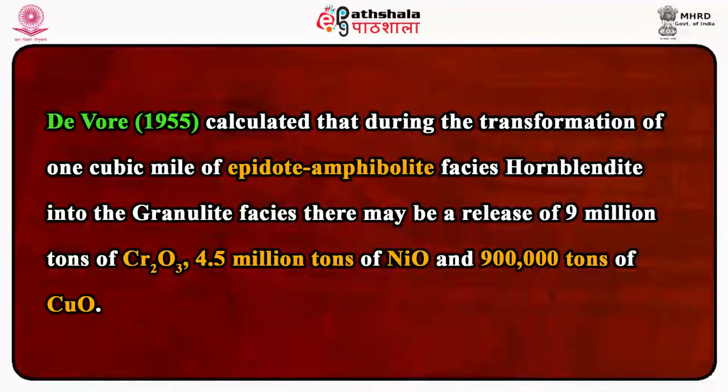Vorra 1955 calculated that during the transformation of 1 cubic mile of epidote amphibolite phase or blueschist into granulite phase, there may be a release of 9 million tons of Cr2O3, 4.5 million tons of NiO and 900,000 tons of CuO. Similarly, retrograde metamorphism can release large quantities of zinc, lead and manganese.